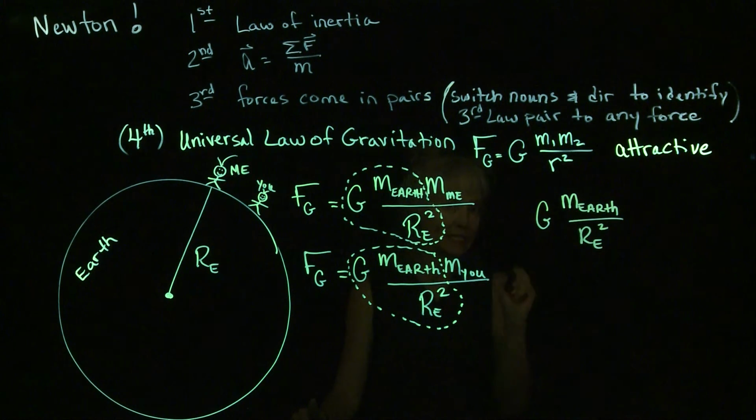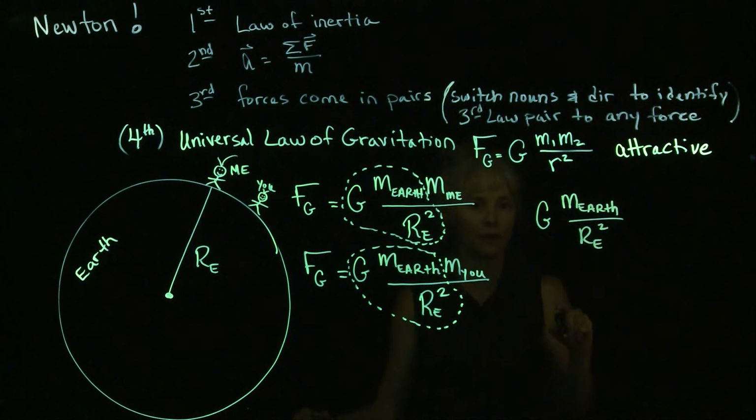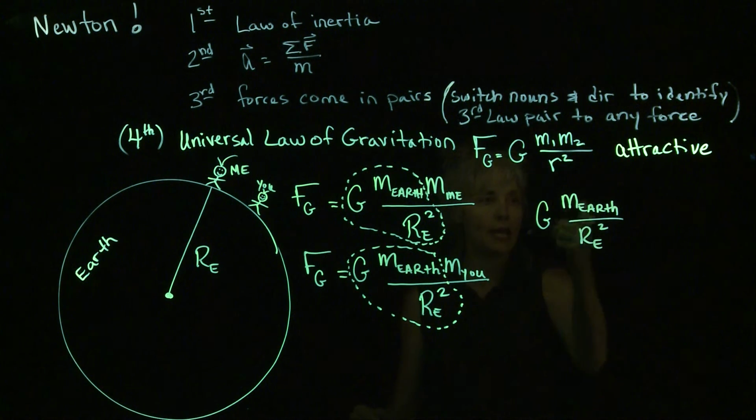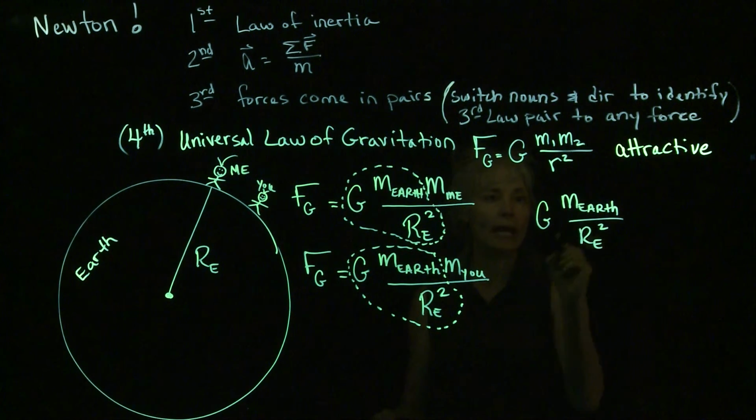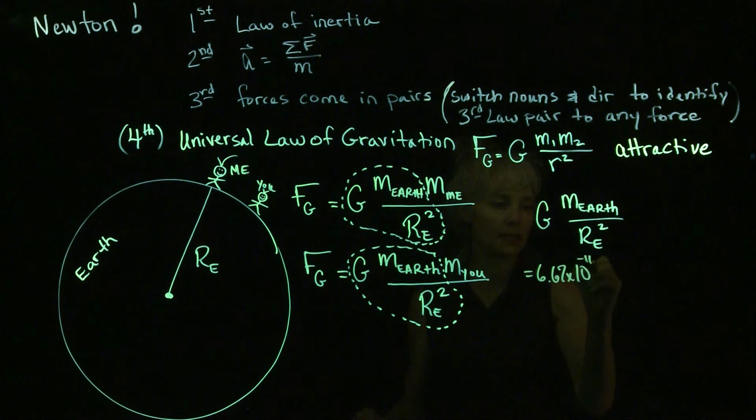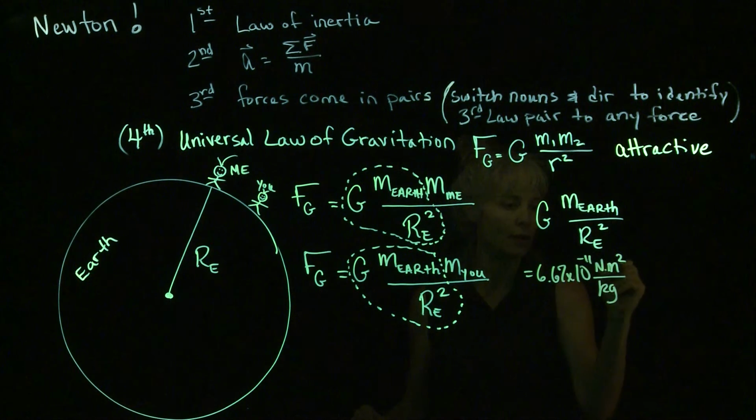What is this number? Let's just look in the front of the book and see what values. You can do a Google search and see what we can plug in as far as these values, what they're equal to, and what this number ends up being, and the units. Okay, so remember that big G is 6.67 times 10 to the minus 11 Newton meters squared per kilogram squared.